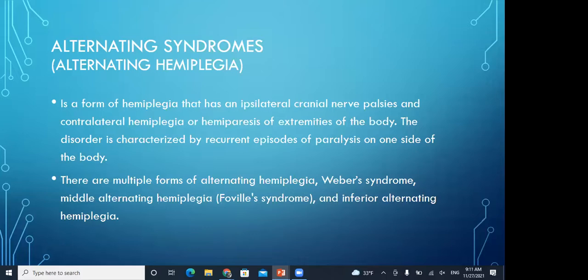The disorder is characterized by recurrent episodes of paralysis on one side of the body. There are multiple forms of alternating hemiplegia, like Weber's syndrome, Foville syndrome, or middle alternating hemiplegia, and inferior alternating hemiplegia. I will explain them in next slides.